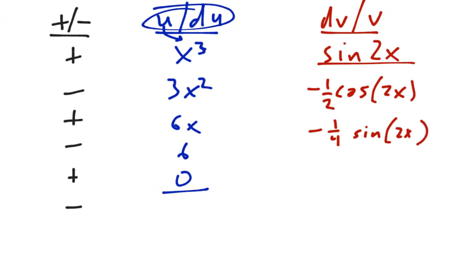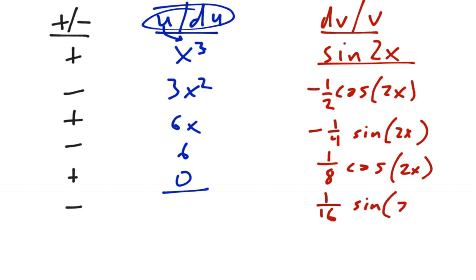We're going to get positive 1/8 cosine. Again, I'm taking the integral. And one more time, what's the integral of cosine? Positive sine. So we're going to get positive 1/16 sine of 2x. So you go until you get 0 as your derivative.